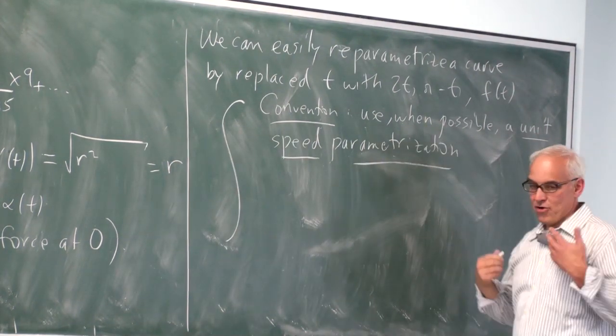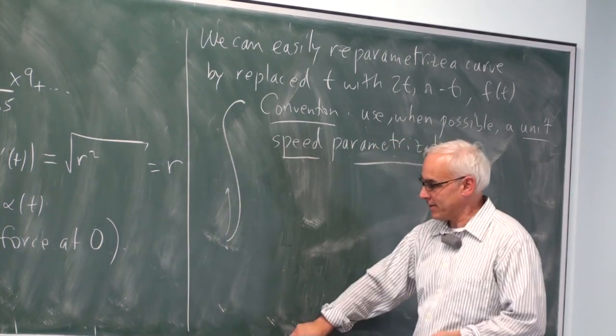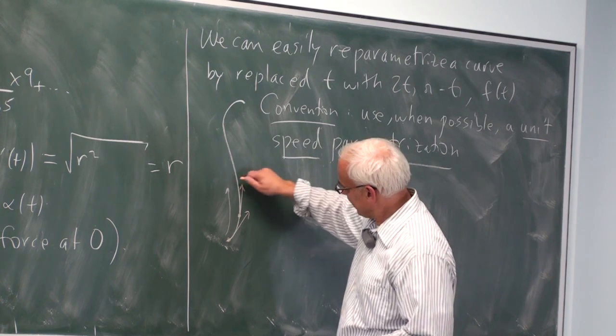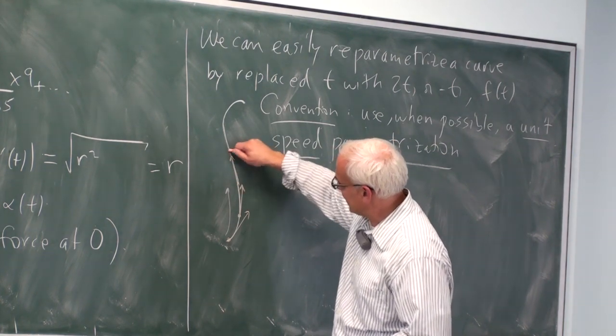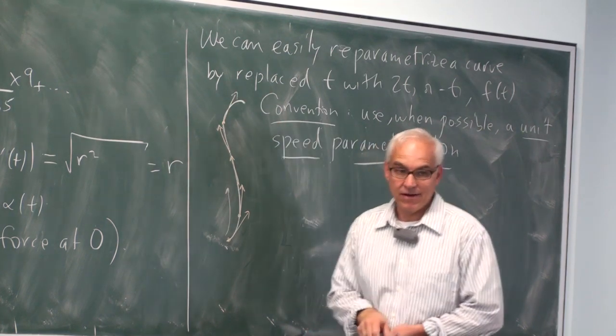That means we're going to agree that we're going to try to go along the curve in such a way that at each point the velocity has exactly the same size, namely 1.